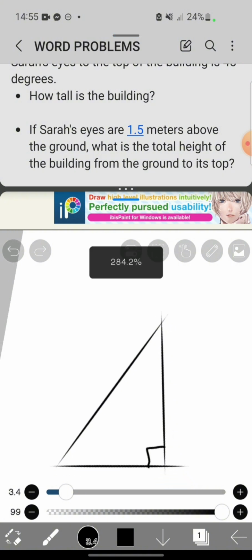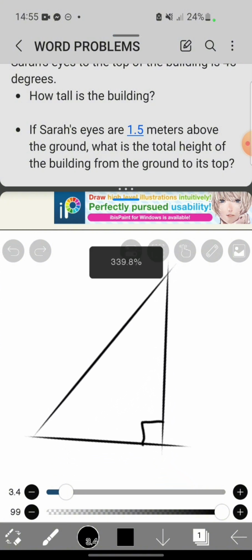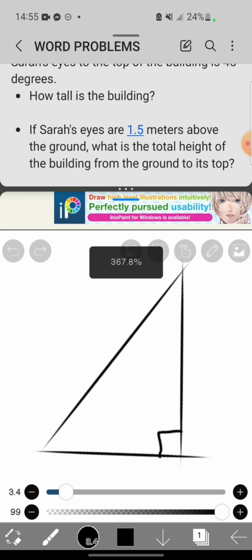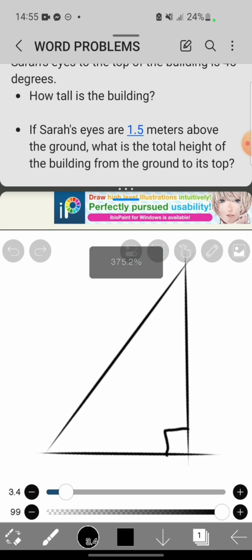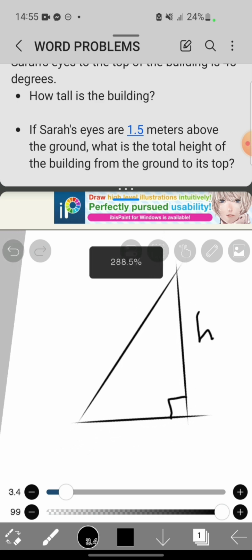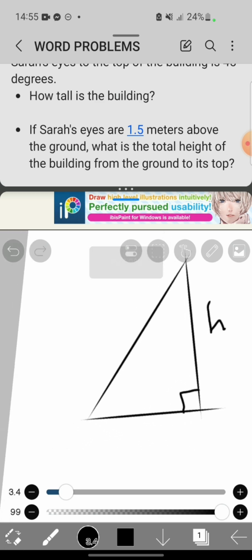So imagine this is the right triangle that is made by the side of Sarah. This is the height of the building, which is h, and Sarah is somewhere here.